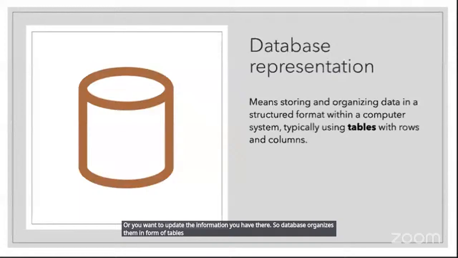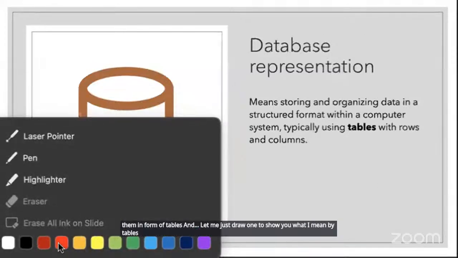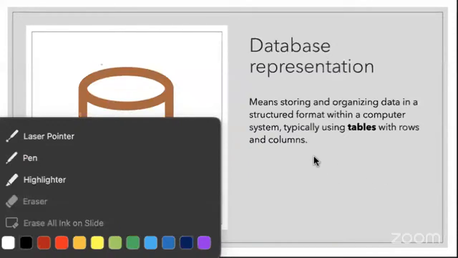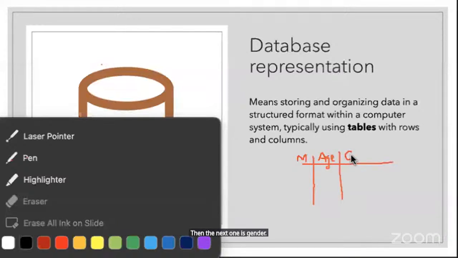Let me just draw one thing to show you what I mean by tables. I'm drawing on the screen. It's not allowing me. Okay. You have a table, called students, with matric number here, age is here, then the next one is gender, we just call G, male, female.